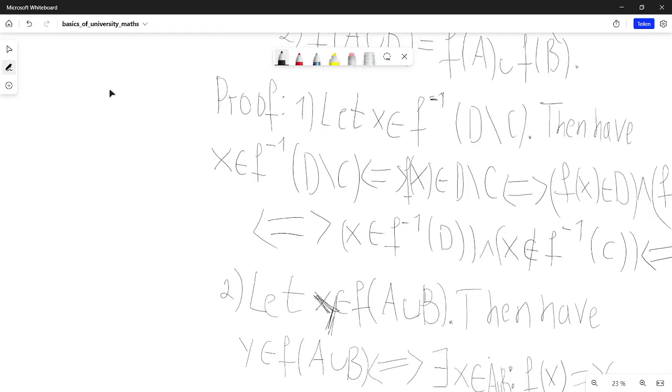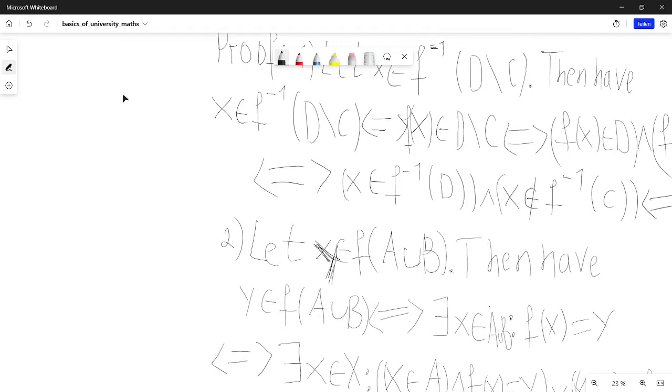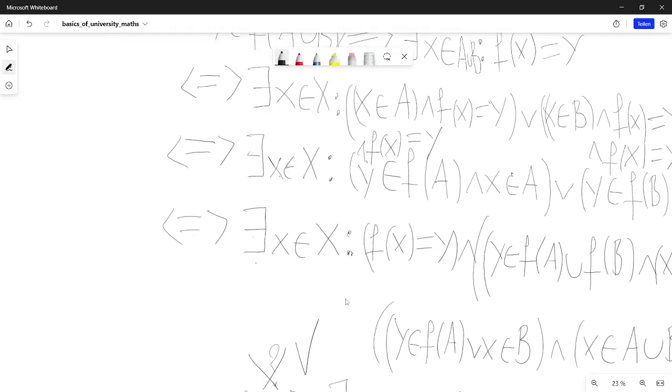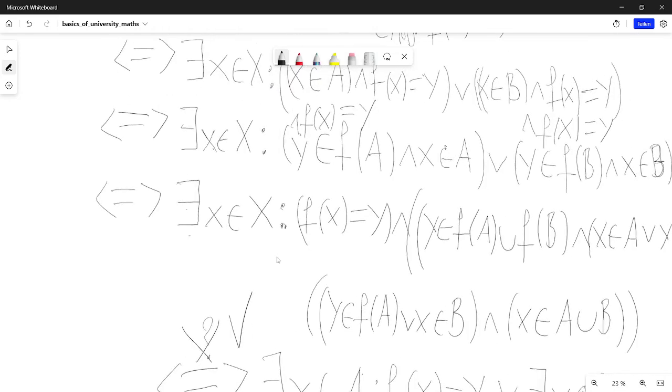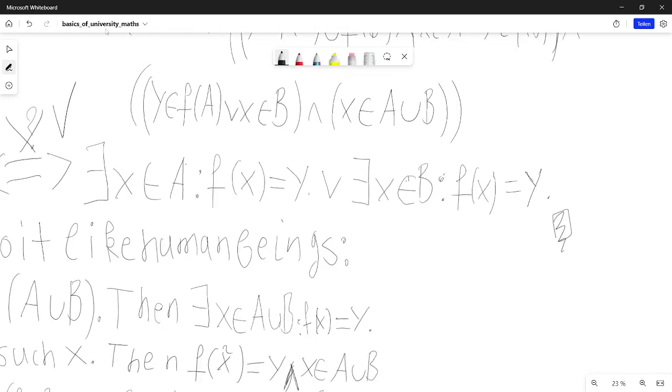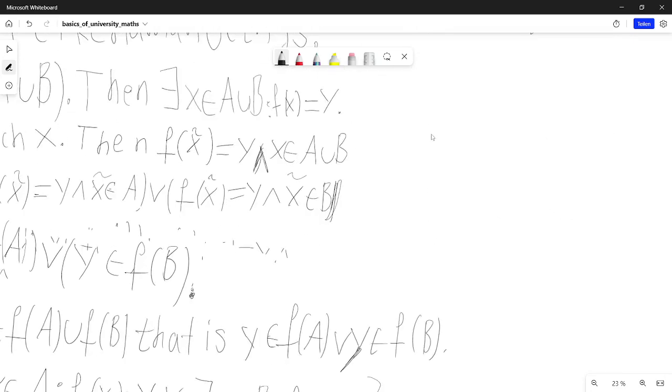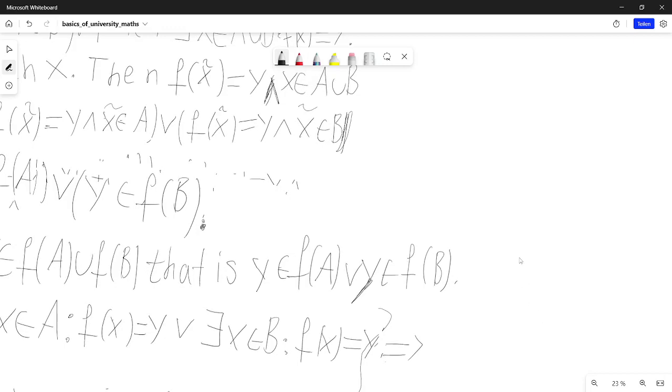But writing it down correctly can sometimes be more difficult than seeing that it is actually true, because seeing that it is true is really trivial, right?